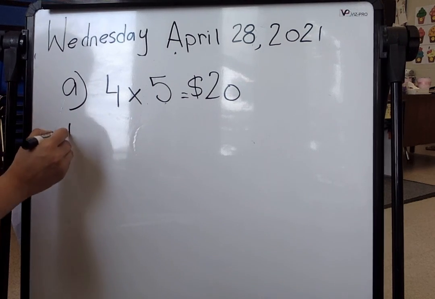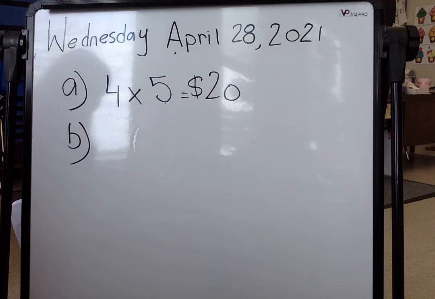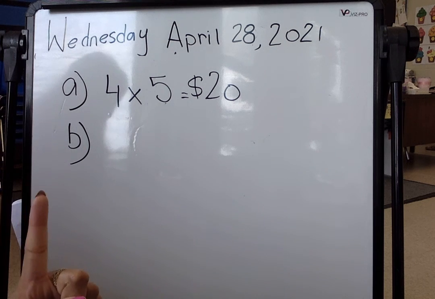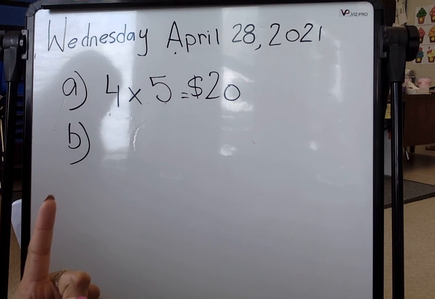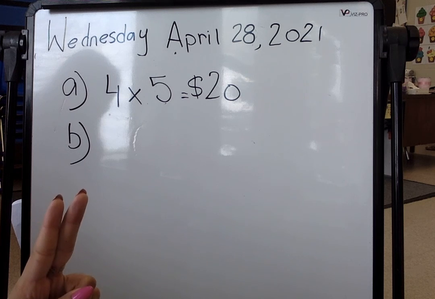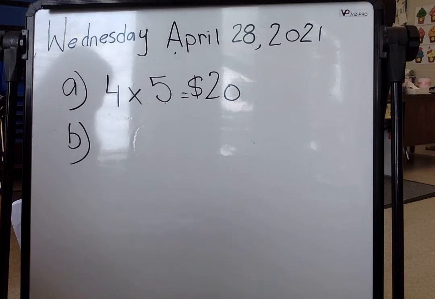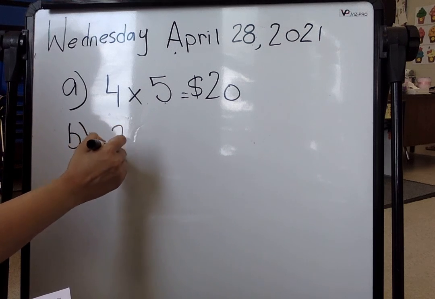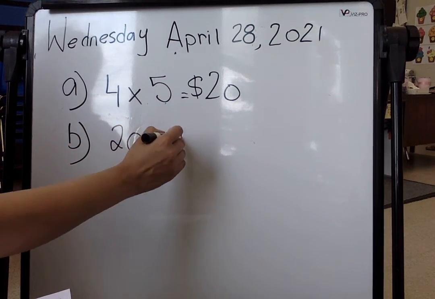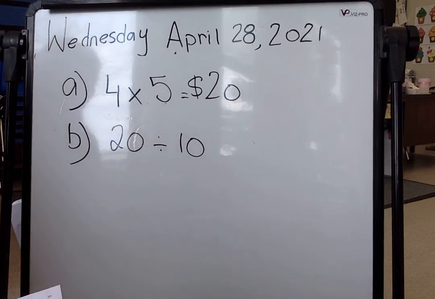Now let's go to part B because part A is connected to part B. So now we know that 4 rolls cost $20. Find the cost of the ribbon for making one bow, right? So what are we going to do? There are 10 bows, and we know that the rolls cost 20, so we are going to do 20 divided by 10, right?